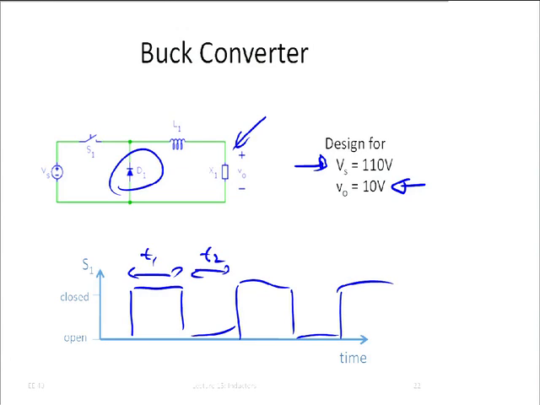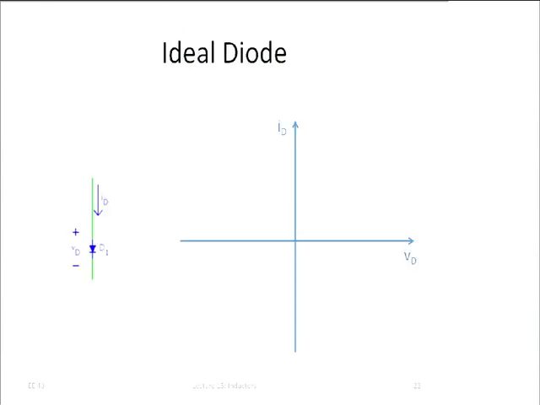This extra element is called a diode, and an ideal diode does the following thing. If the current goes in the direction of this little triangle that we see in the symbol for the diode, then it's a short circuit. If the current goes in the other direction, it's an open circuit.